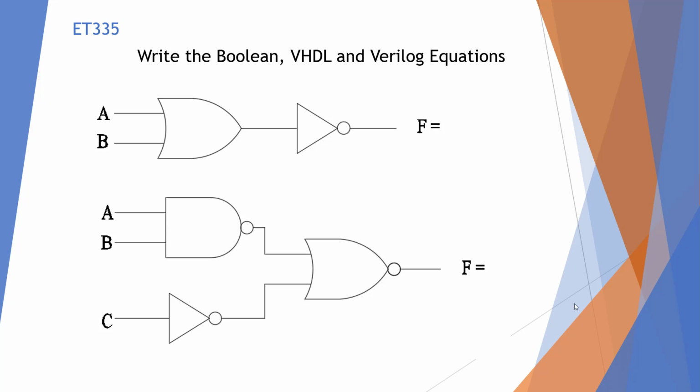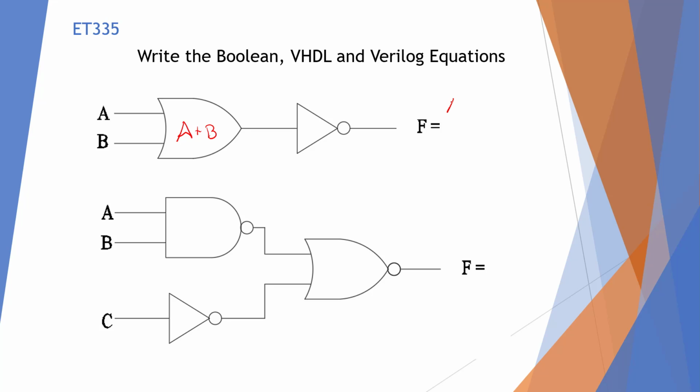Here we have two logic circuits, and let's go ahead and write the Boolean, VHDL, and the Verilog equations. So our first one's going to be A plus B, and then we're just going to put a bar over it.